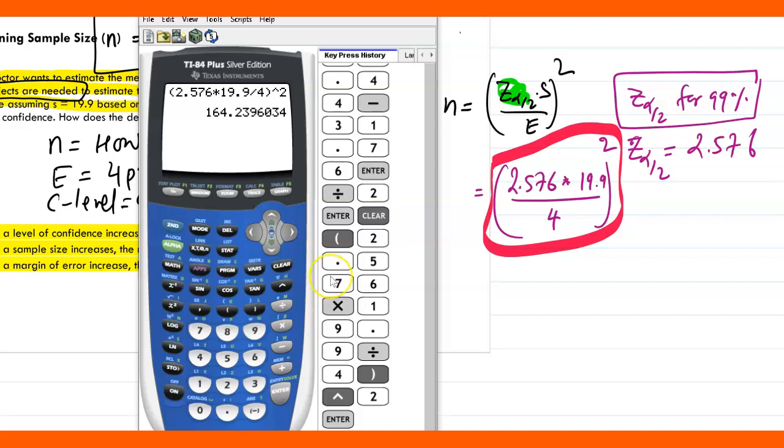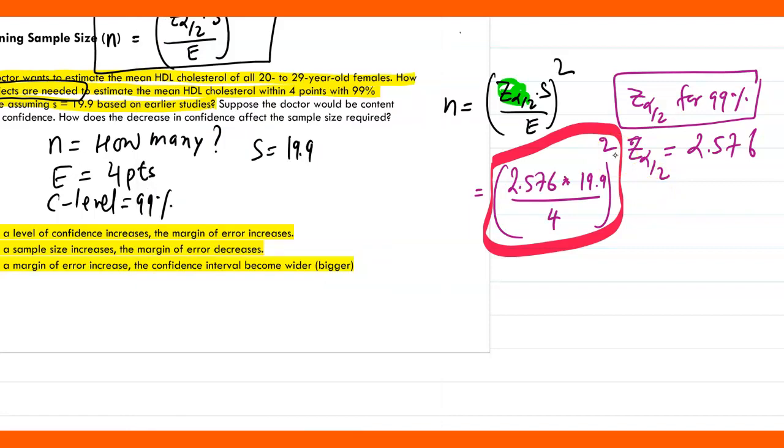Remember that you always round it up to the nearest whole number. This is going to be 165. Therefore, the sample size required is 165.